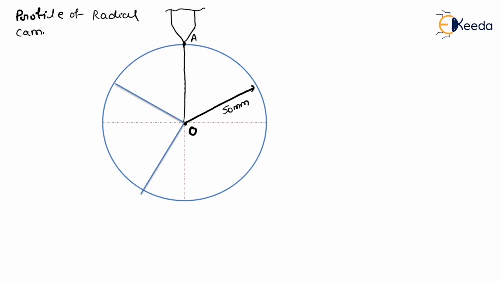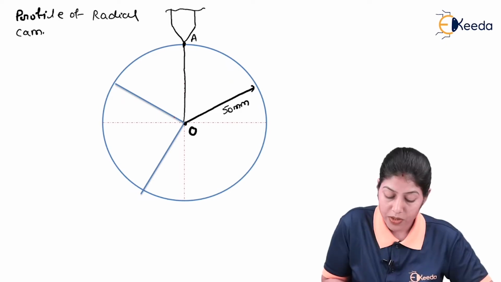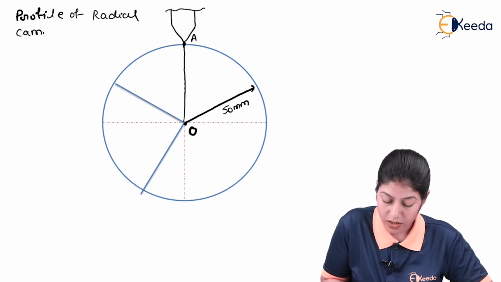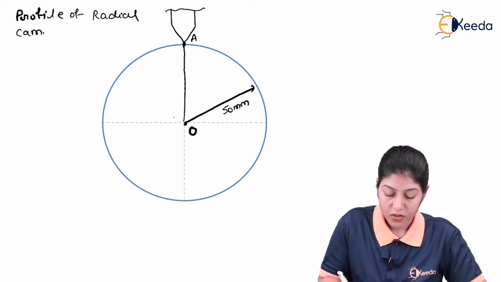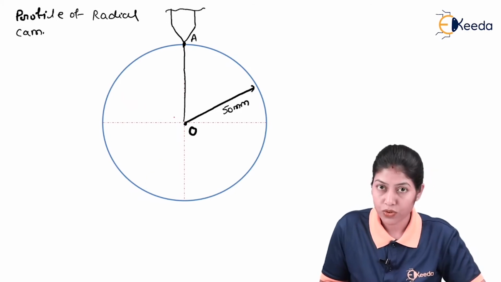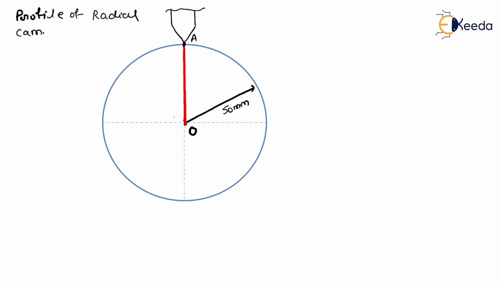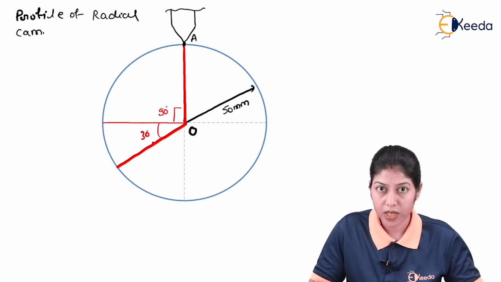Now from point A, with this line AO, first we will mark the outstroke, then dwell, then return stroke, then dwell. So let's mark the values of the outstroke. As we have here the first outstroke as 90 degrees, so this should be our outstroke. Now after that we have the dwell period. So this 30 degrees will be the dwell period.